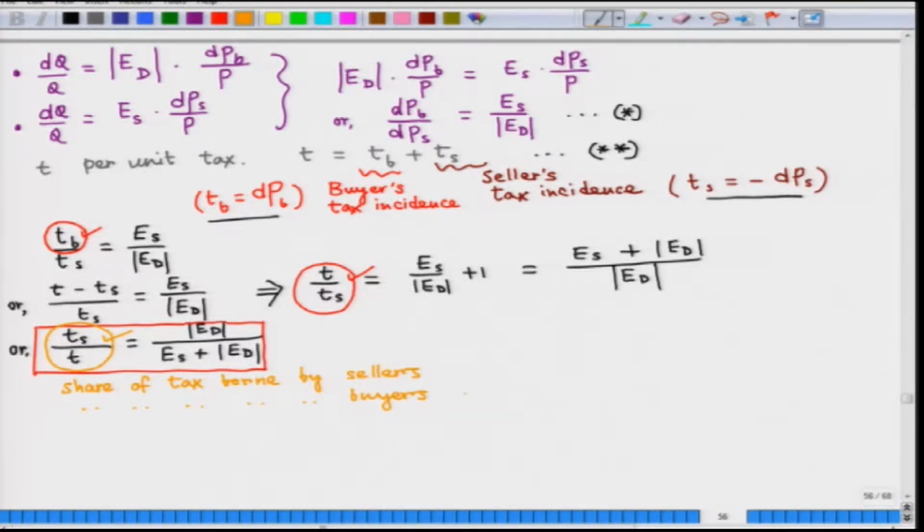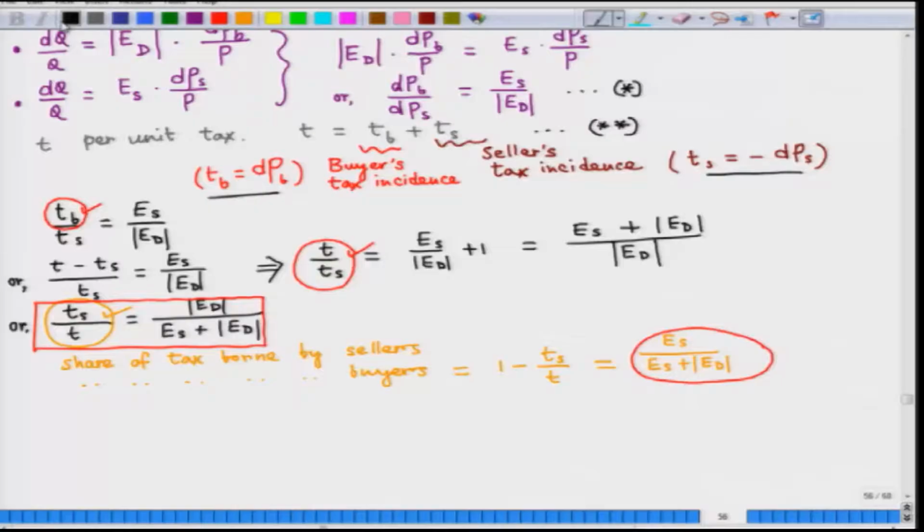It is simple, we have to take 1 minus this expression T_s/T, and if we do that calculation, we will see that this comes out to be... So, now the final expression for the share of tax borne by buyers would be given by ES divided by ES plus ED, right.